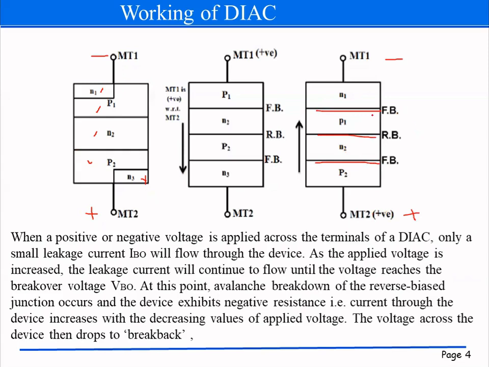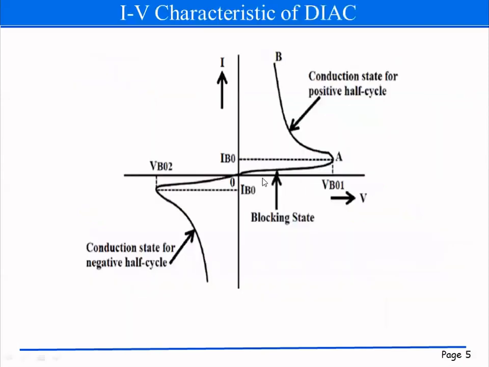Again in this condition, two junctions become forward biased and one junction becomes reverse biased. Because of this reverse bias, the current initially does not flow through the device. Current flows when the voltage between MT2 and MT1 is greater than the breakdown voltage VBO, as shown in this picture.